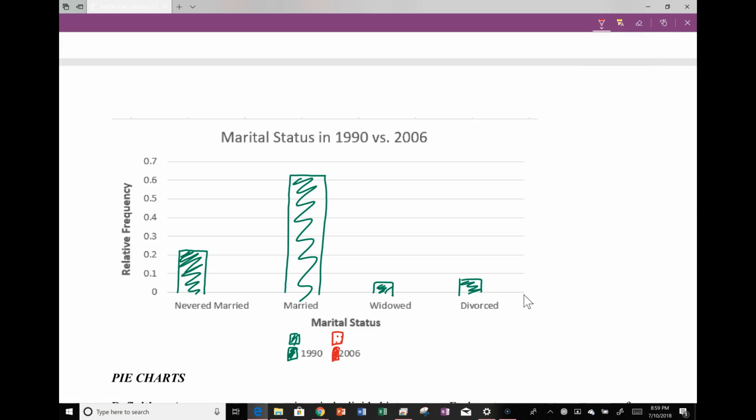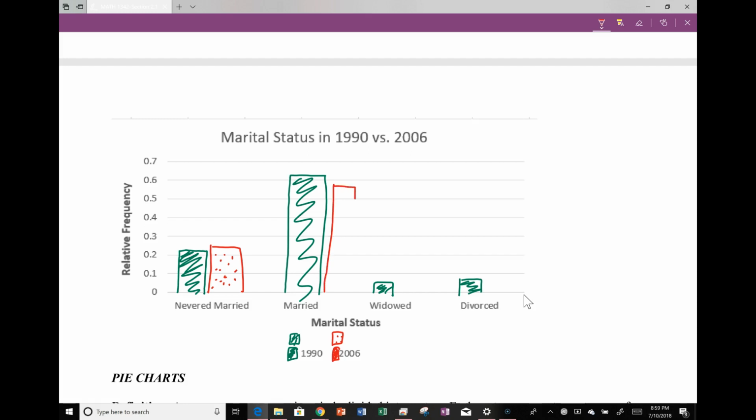Then I want to go through and look at the 2006. For never married, I go up to 0.252. So that's a little bit above, not a lot. And then I'm going to do polka dots. For married, it was 0.581.